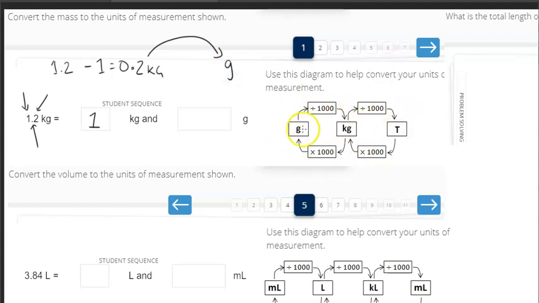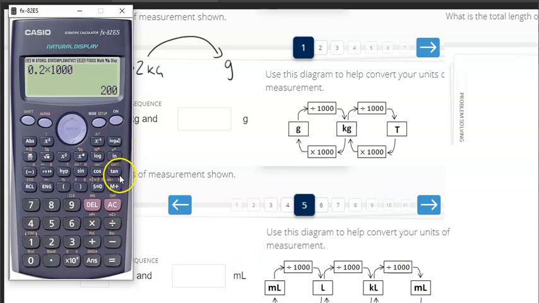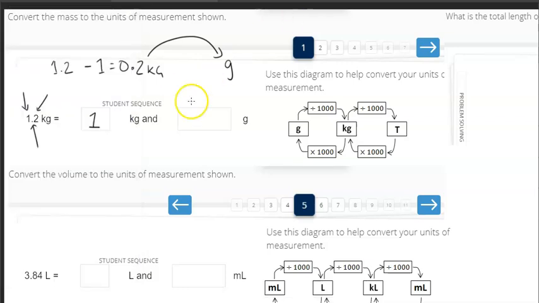Using the Learn Me tab at the side, to change from kilograms to grams, we just multiply by 1,000. On the calculator, 0.2 times 1,000 will give us 200. In other words, 1.2 kilograms is equal to 1 kilogram and 200 grams.